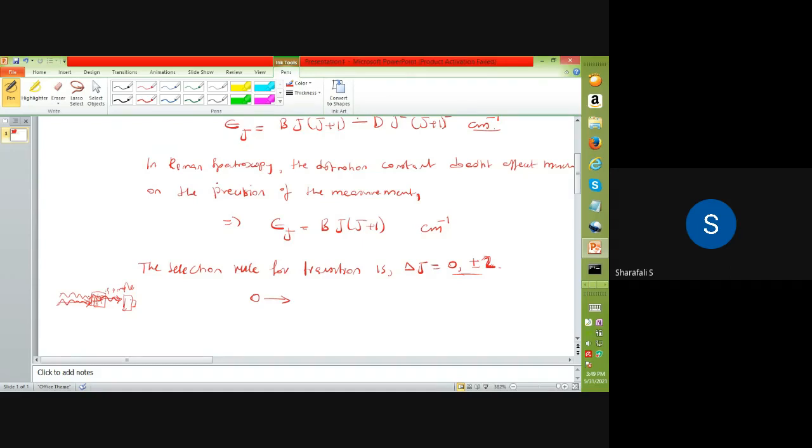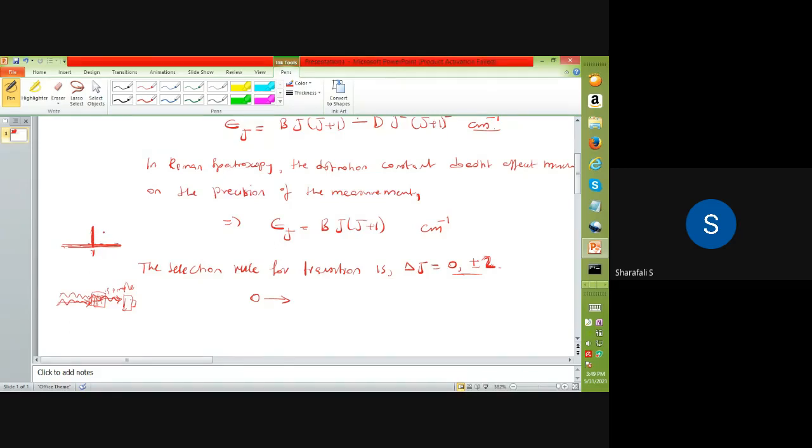And any radiation which comes like that will result in your fundamental band, as we discussed in the first lecture of this program. So we had this central peak, which corresponds to the same radiation we have sent.